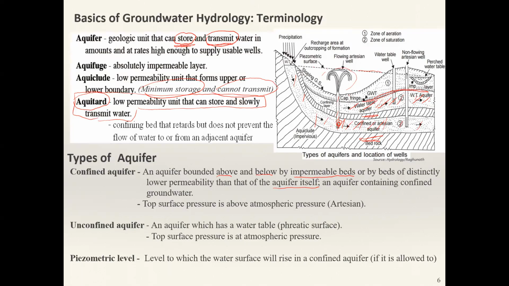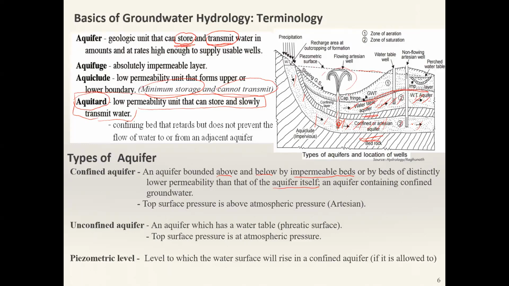Now, if you are working in the National Water Supply and Drainage Board, you will be asked to design a pumping well scheme, right? There, it is important that you do a pumping test and make sure that you drill the well into the confined aquifer, right? That is the difference.